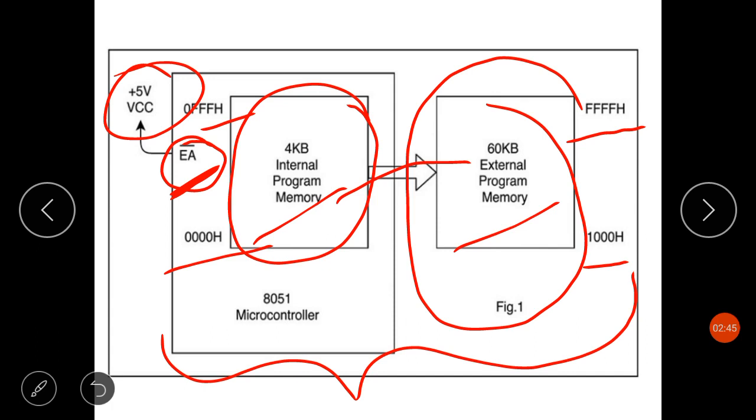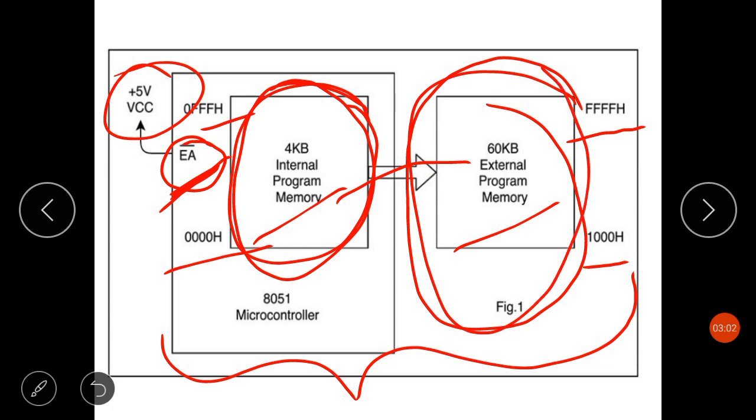This is one technique of program memory allocation in the 8051 microcontroller: when the external access pin is pulled high, we have 4 kilobytes of on-chip ROM and 60 kilobytes of external memory, thus making up 64 kilobytes of program memory.